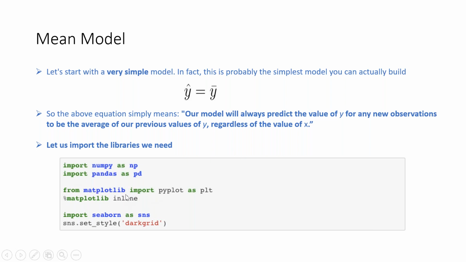From matplotlib import pyplot as plt, and also import seaborn as sns. And if we want to see a particular style of graphs, just put sns.set_style, pass a string, darkgrid. You have already done that. Just copy paste it onto your today's ipynb file and run it. Once you are ready, let me know.